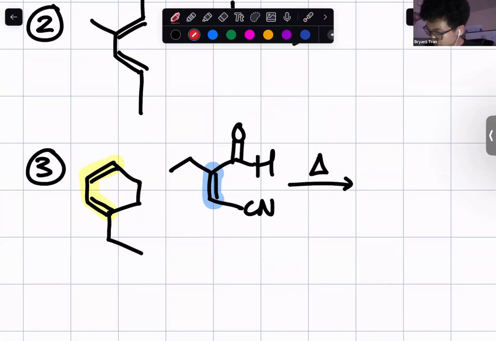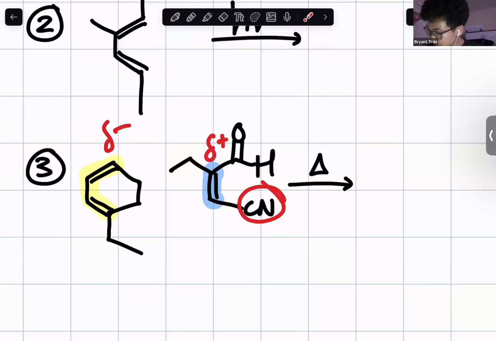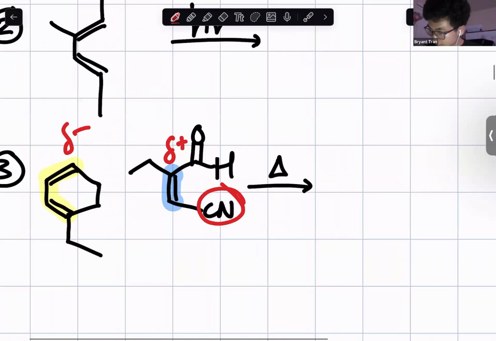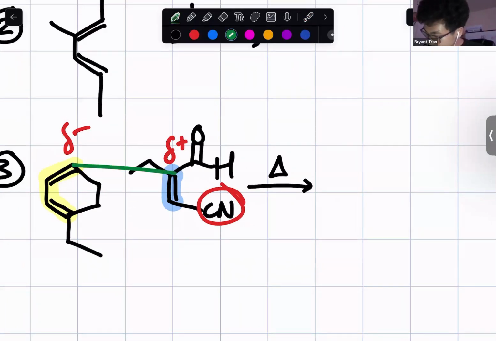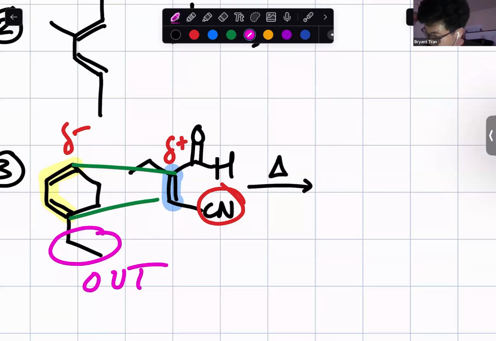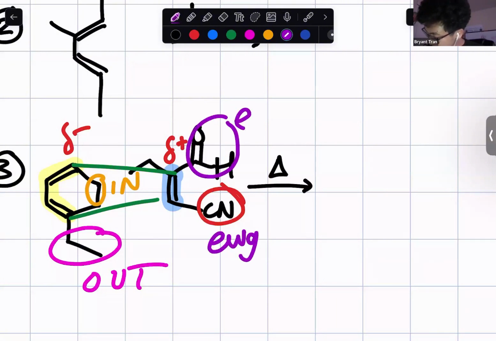But if you want to do it, there's gonna be a negative charge here. This CN here is a stronger EWG than this aldehyde, so there's gonna be a bigger positive charge here. So the charges do align. If I draw the pocket between the diene and dienophile, this is my out group. This is my in group. These are my EWGs.